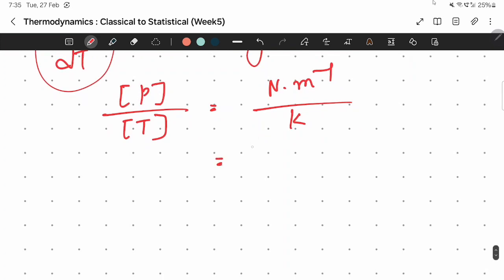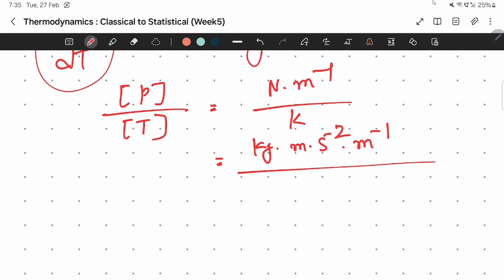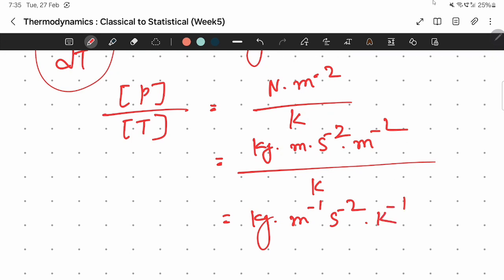Newton is basically kg meter second to the power minus 2, so the unit should be kg meter inverse second to the power minus 2 Kelvin inverse.